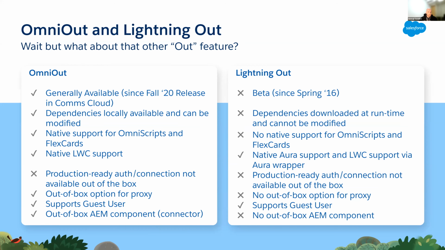You'll need to do some additional implementation work to get this production ready. In OmniOut, it's recommended to use a proxy, and you have an out-of-box option to use the proxy if you like. In Lightning Out, it's making a direct connection to Salesforce. In both cases, we can use the guest user if we like, and then OmniOut has an out-of-box connector for AEM, Adobe Experience Manager. Lightning Out does not.